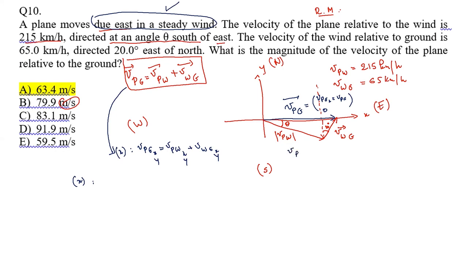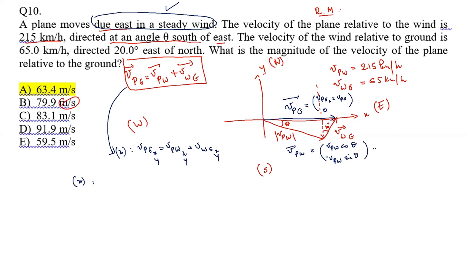Now VPW. What is the x component of VPW? Of course, it will be VPW cosine theta. And it will be minus VPW sine theta.